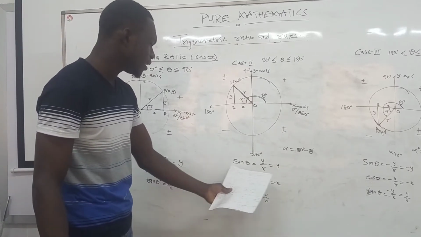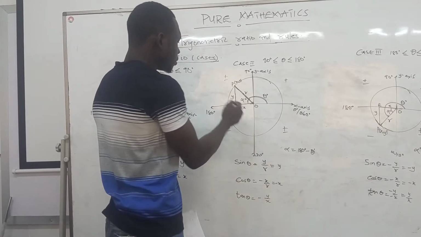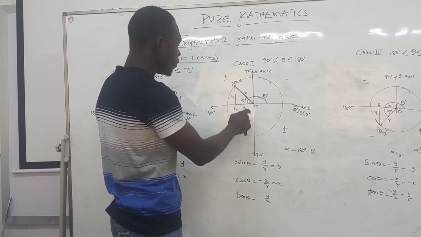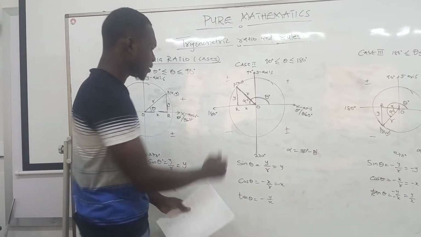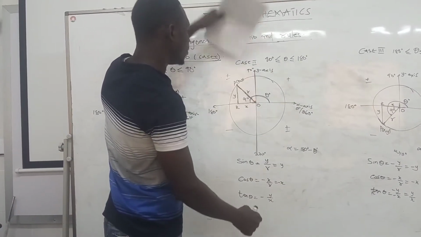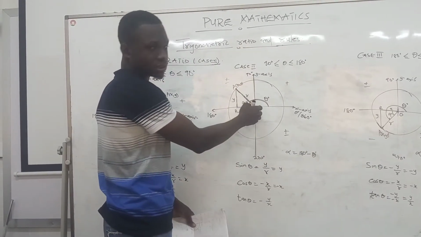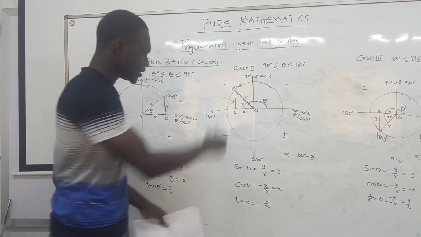And now here we can get the sine theta to be y over r, and it is positive. The reason is that the y is a distance moving upwards from the origin when we consider the y plane, and it is positive.